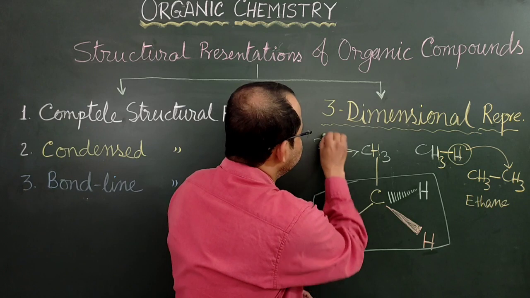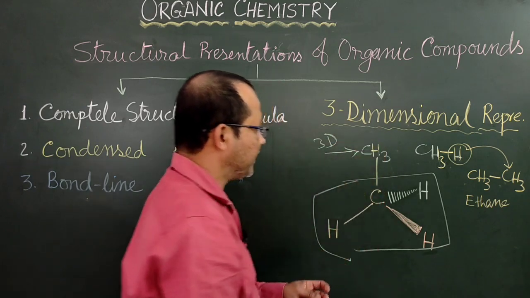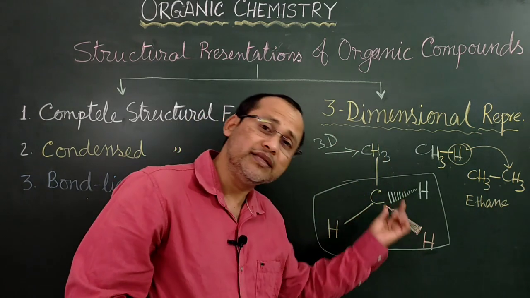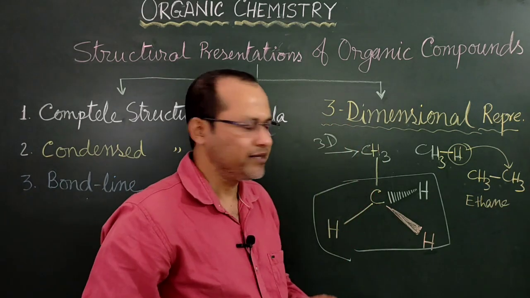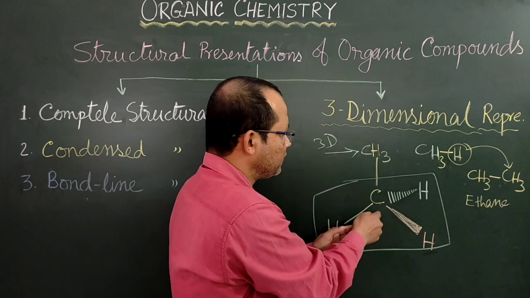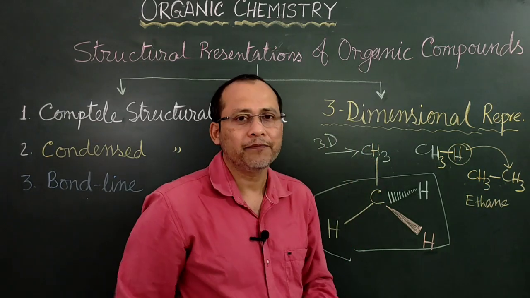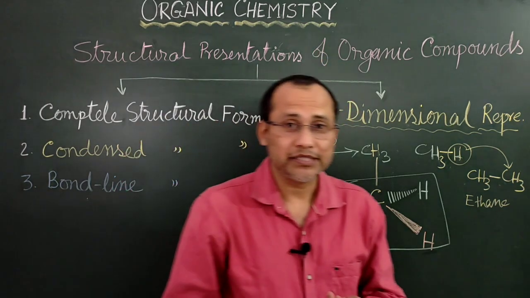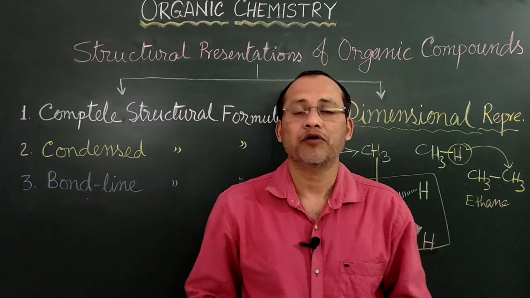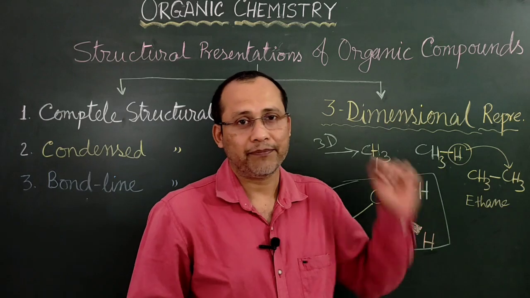This is also 3D, and these 3 hydrogens can be represented in this way also. Okay, I am not going into this again because we have already drawn one carbon atom. Exactly similar thing will be there also. So in this way we can represent the 3D structure of any molecule on a piece of paper.